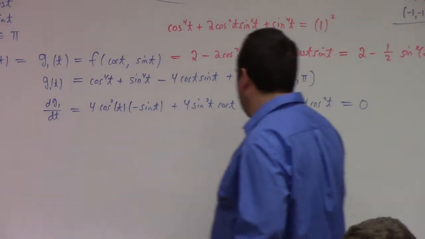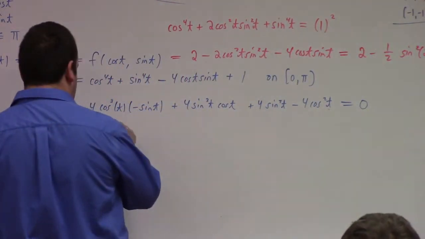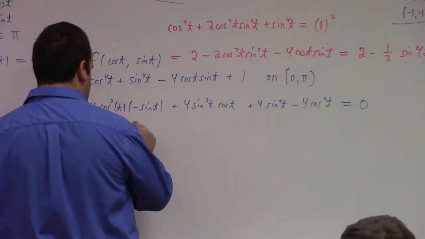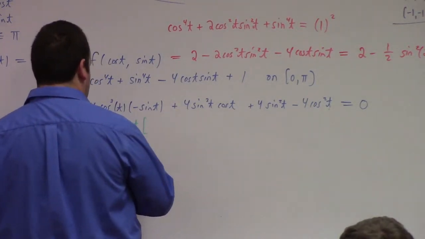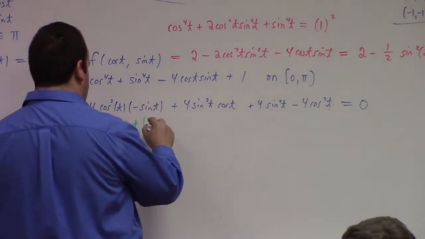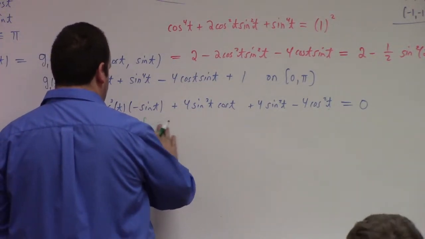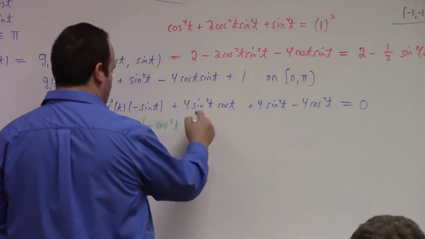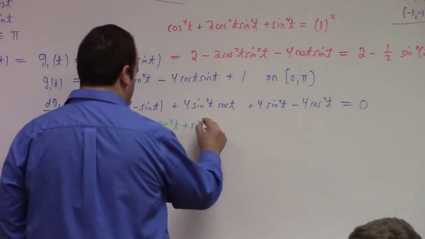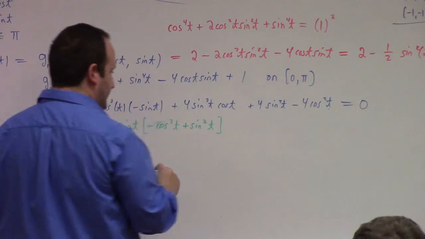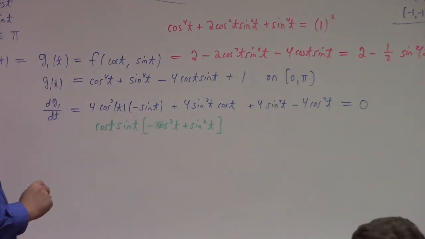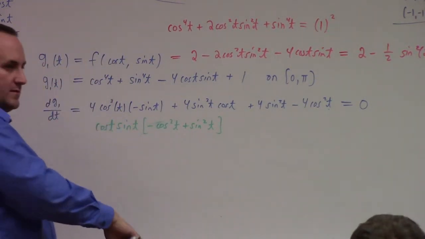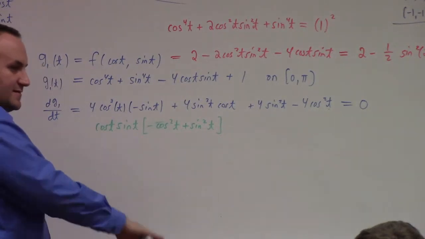Tell you what, let me try. Over here I've got a cosine t sine t common. So if I factor that out, this gives me minus cosine squared t plus sine squared t, right? And divide by 4. 4 is dead to us.